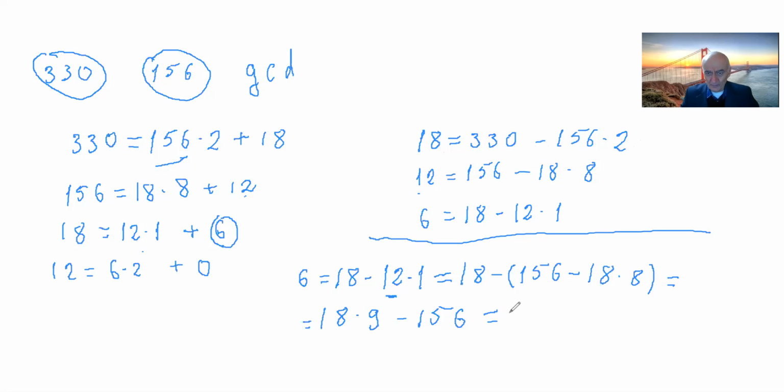And now we have here 330 minus, look very critically, 2 times 9 minus 156.